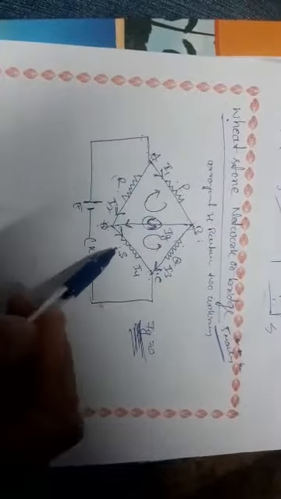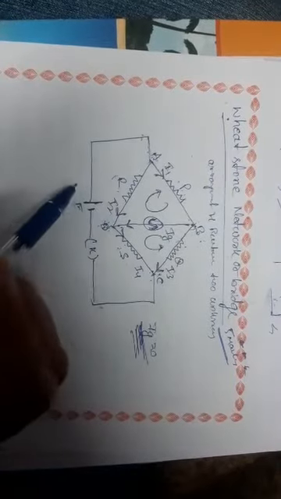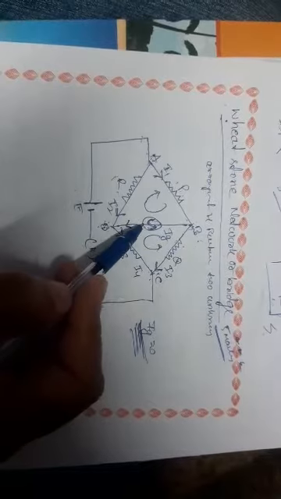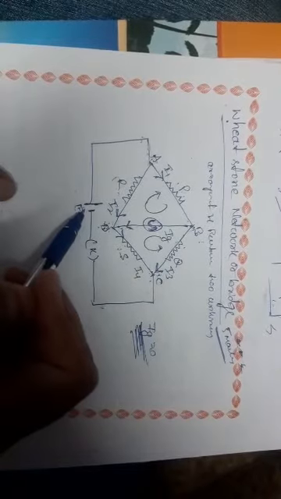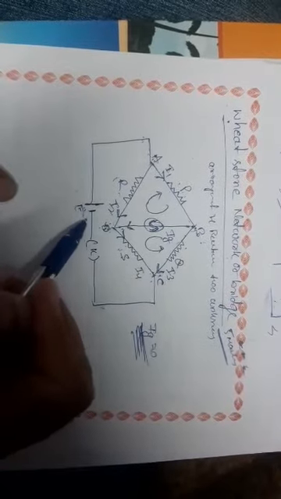Consider the Wheatstone network consisting of 4 resistors P, Q, R, S connected in the form of quadrilateral ABCD. A sensitive galvanometer G is connected between the B and D terminals. And the EMF of the cell is connected across the A and C terminals.